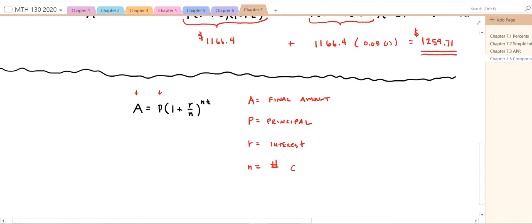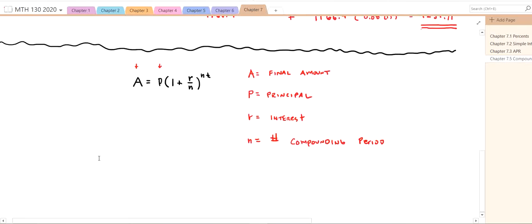That's if your interest rate is an annual interest rate, which we'll be doing in this class. Number of compounding periods, which we'll be exclusively doing in this class.